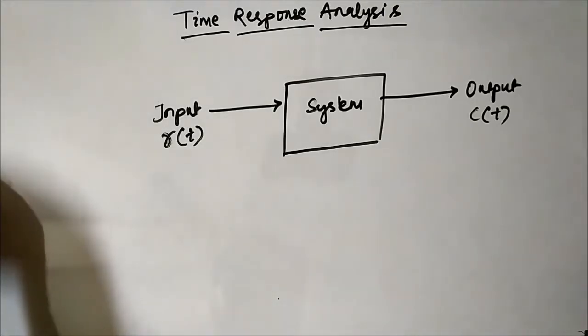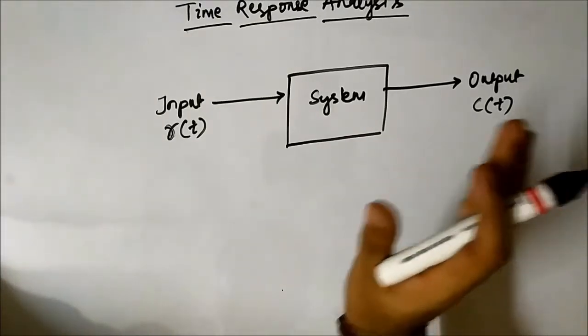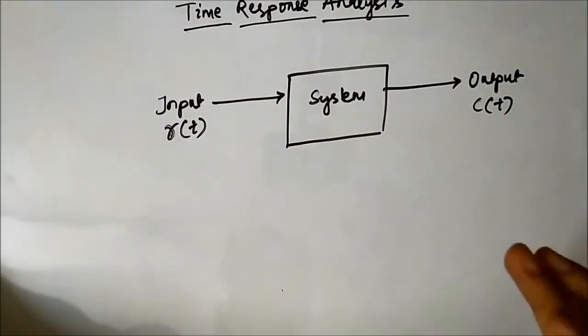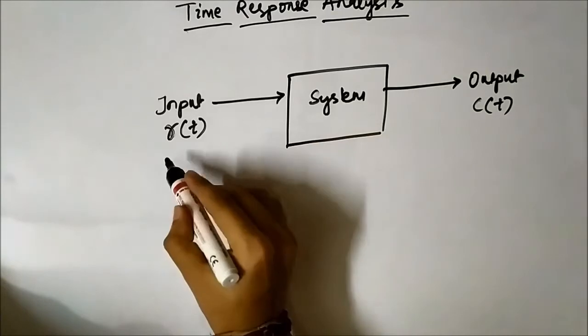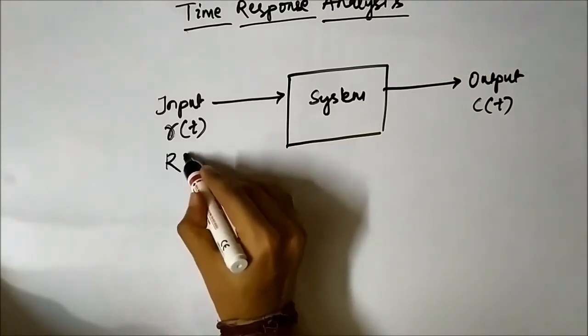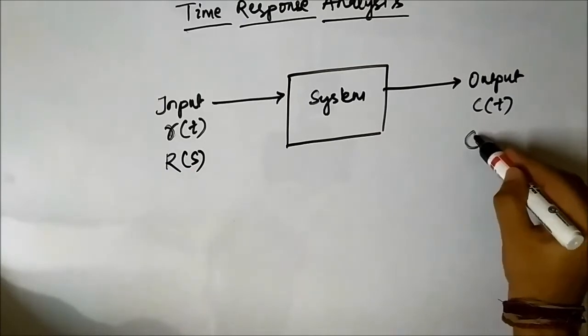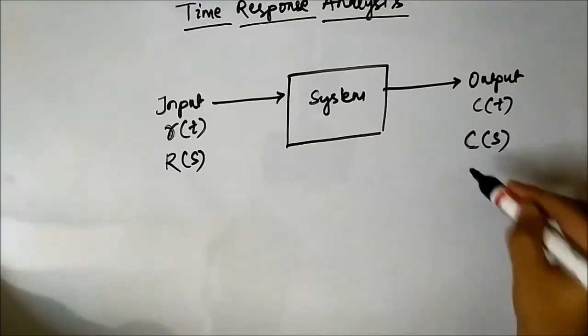Now we know that in control systems analysis, the Laplace domain approach, or S domain approach, is used. So it is converted into the S domain: it is R(s), and this becomes C(s).